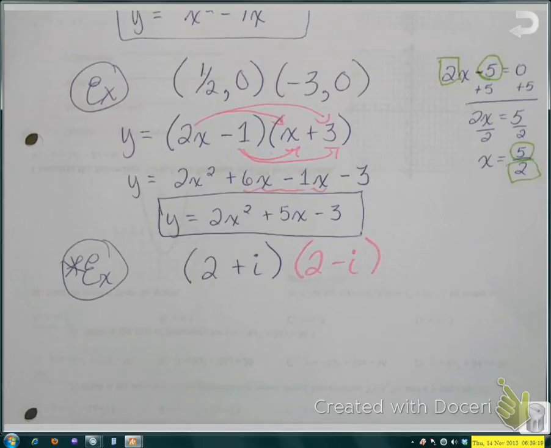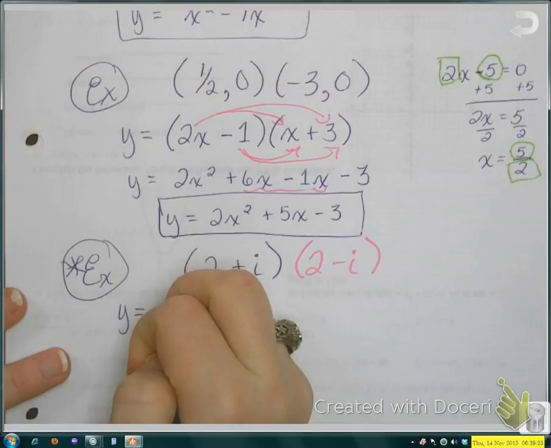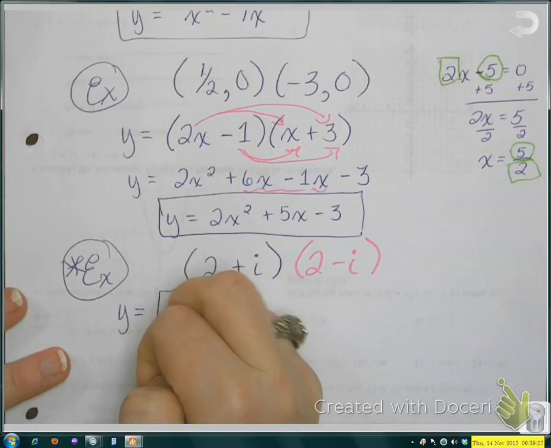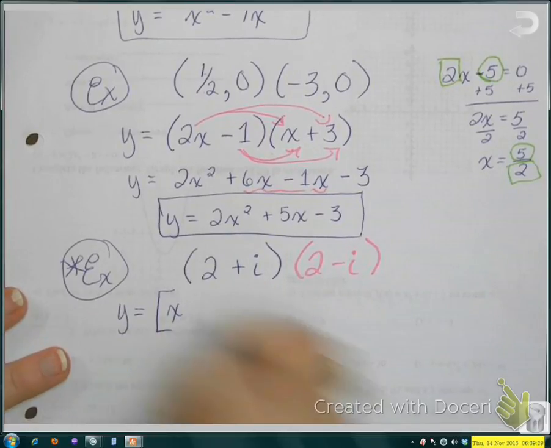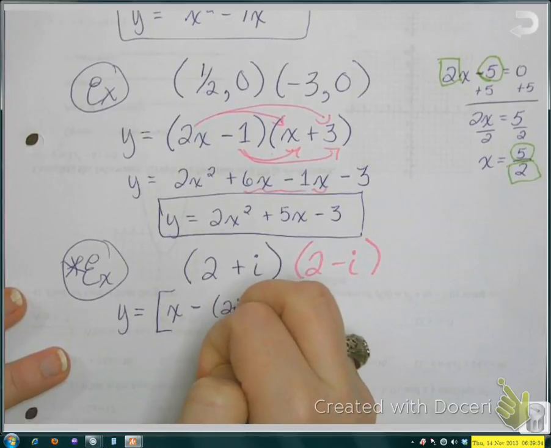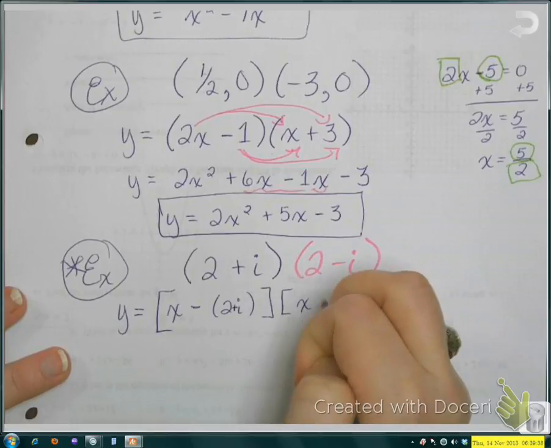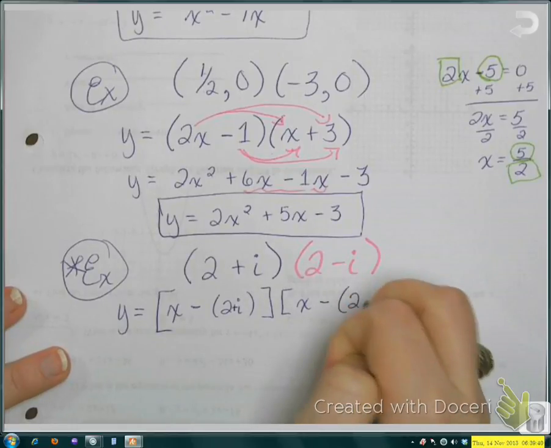Okay, so we're going to plug each one of these roots into our factored form. Since there are already parentheses, I'm going to put a big bracket. So I'm going to have x minus the first root, which is 2 plus i, and then x minus the second root, which is 2 minus i.